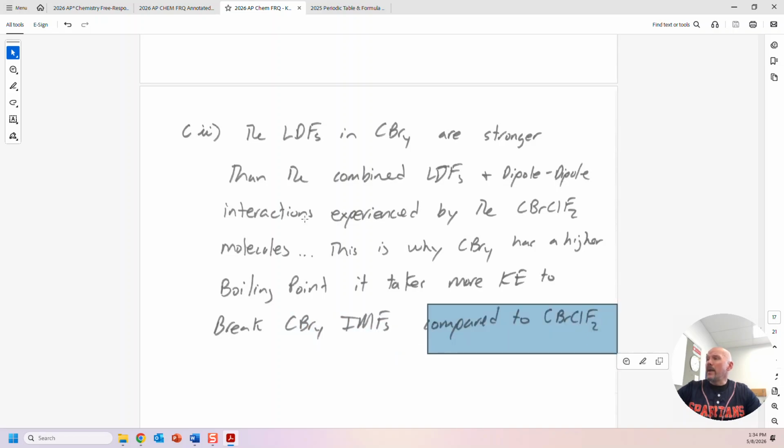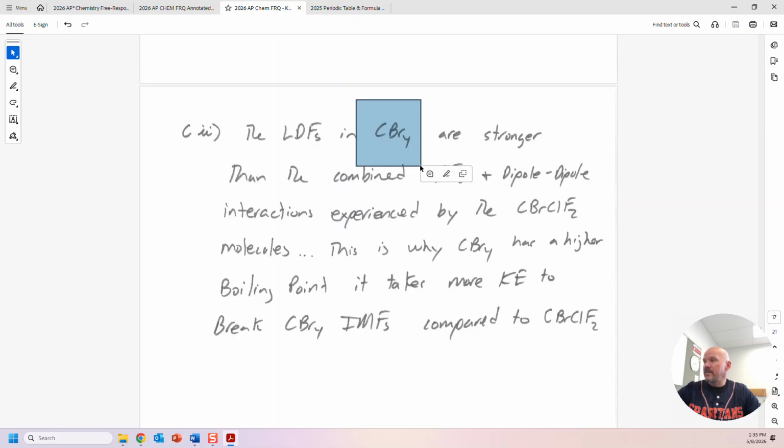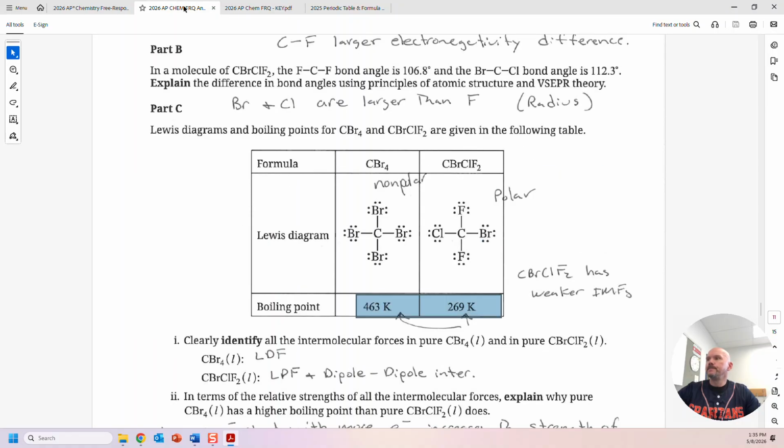Now, if you want to explain why its London dispersion is so strong, it's because bromine is much bigger than chlorine and the 2 fluorines. So this has a bigger electron cloud, and it also has more total electrons because bromine's bringing a lot of electrons to the party. So more electrons, bigger cloud, greater London dispersion. And it's big enough that its London dispersion is stronger than the dipole-dipole interactions of this polar molecule. Okay.